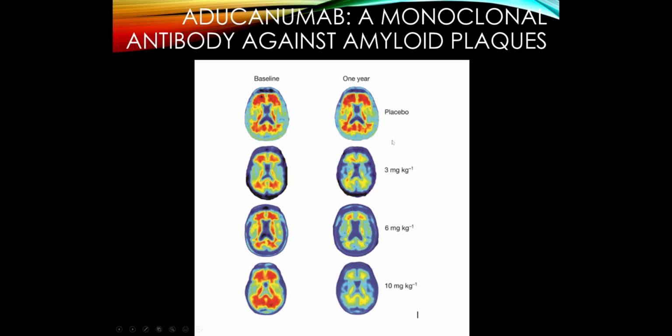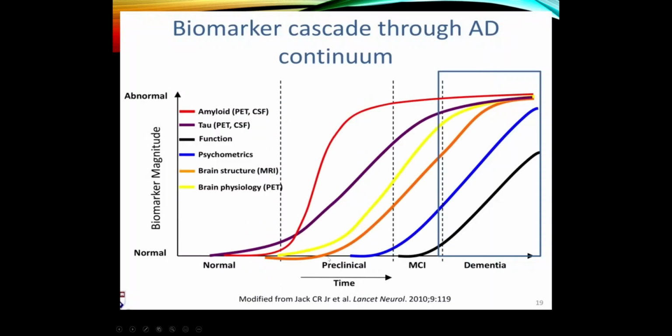Unfortunately, there was very little clinical benefit, even though we virtually eliminated the amyloid, probably because there was already so much destruction of the brain in this process. So there is some investigation of whether we can pick up individuals at a pre-symptomatic phase, so that we might be able to intervene.